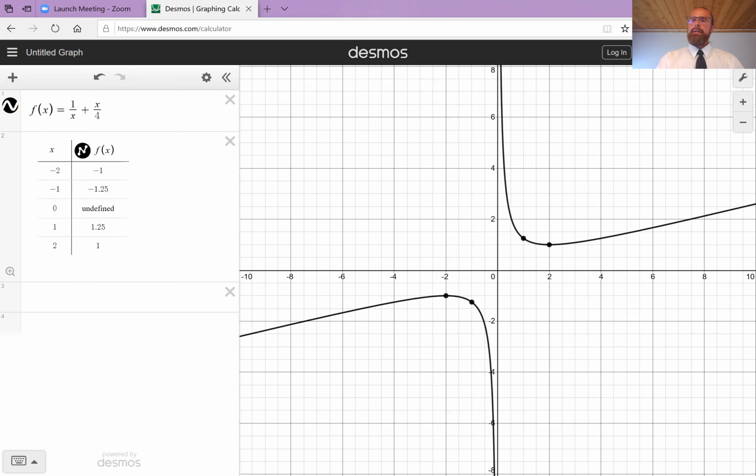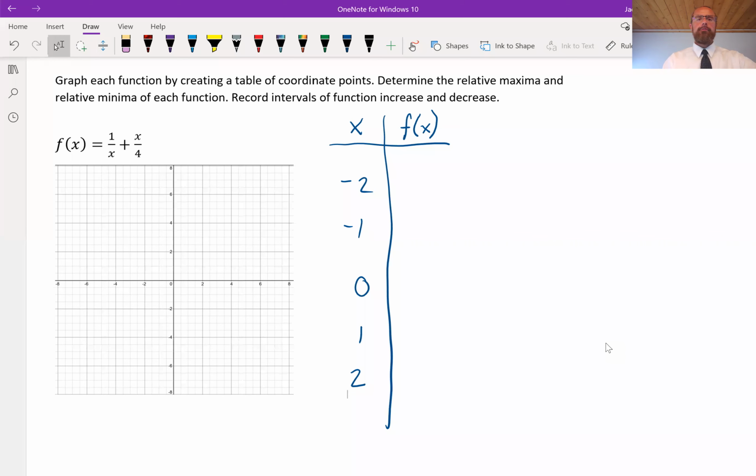Let's go ahead and head back to our note screen to finalize that table with this information from Desmos. So we did see that at 0, it was undefined. And I'm going to sketch that vertical asymptote to represent that undefined x value.